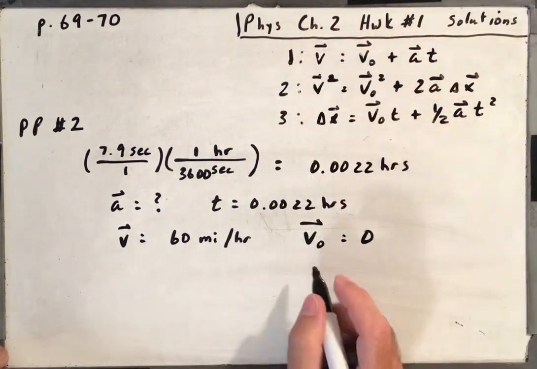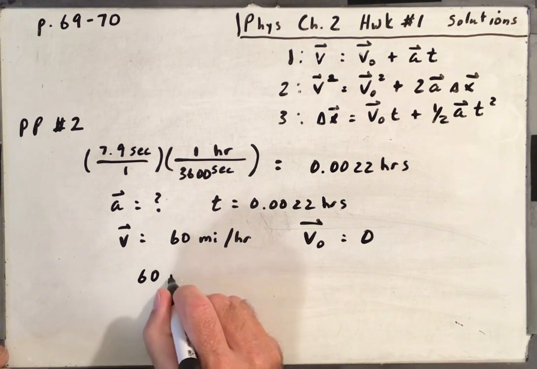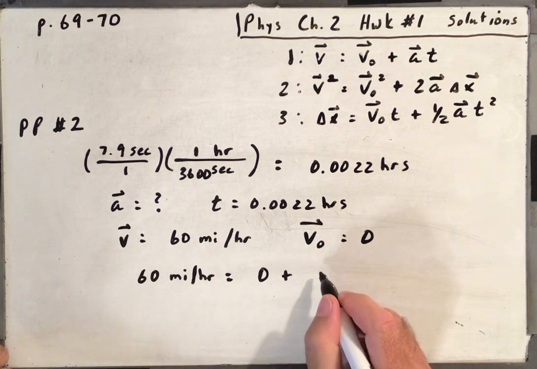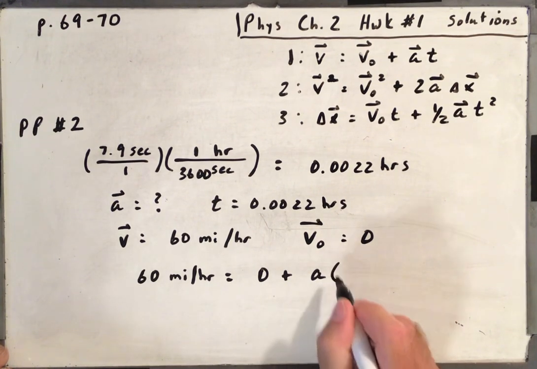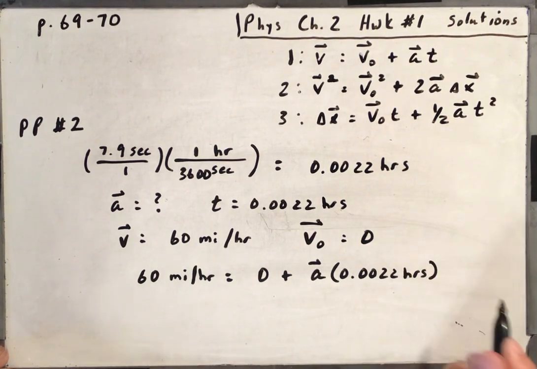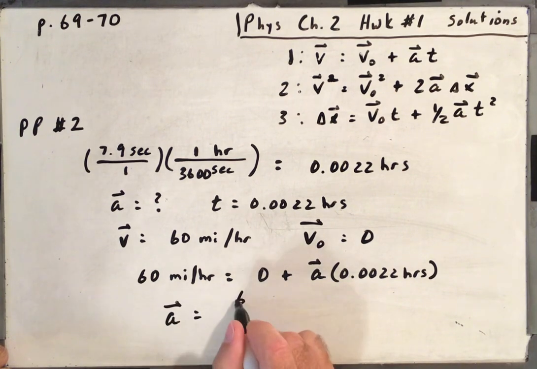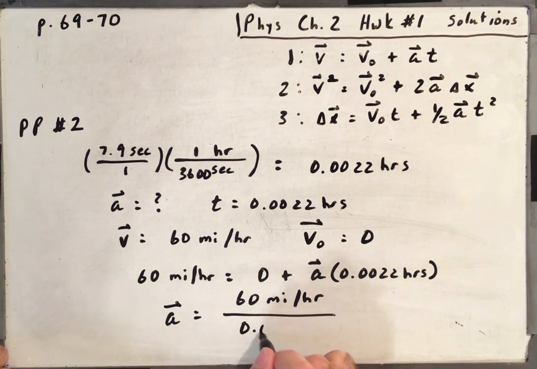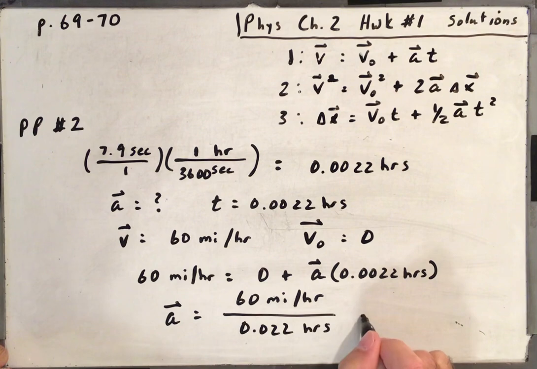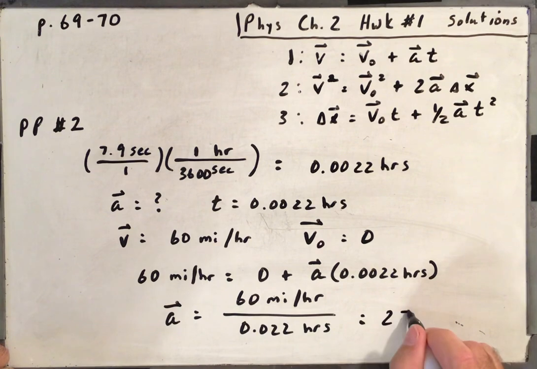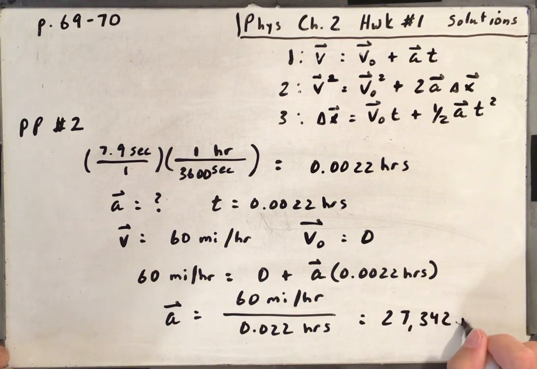So we would have 60 miles per hour is equal to 0, the initial velocity, plus acceleration times 0.0022 hours. So acceleration is 60, and you pull that 0.0022 underneath. When you do that, you get 27,342 miles per hour squared.